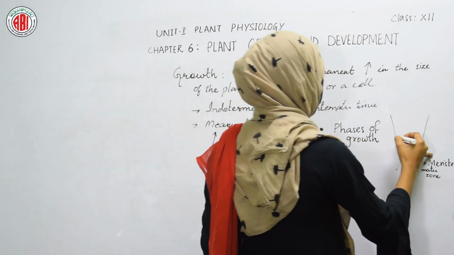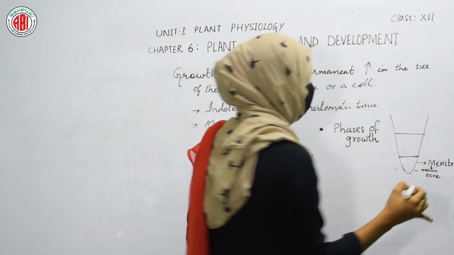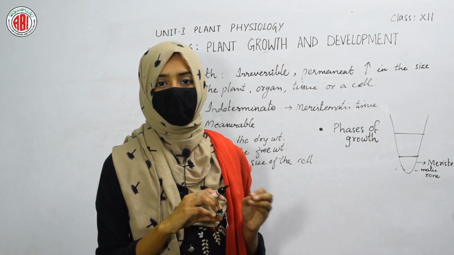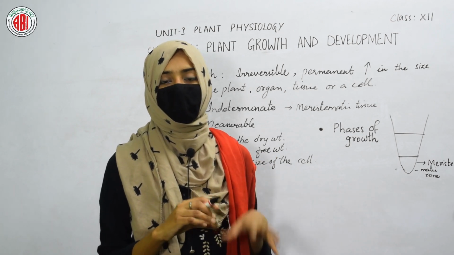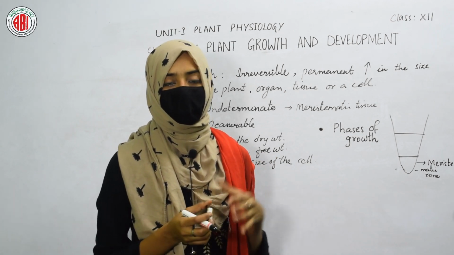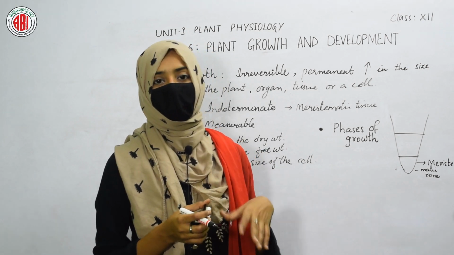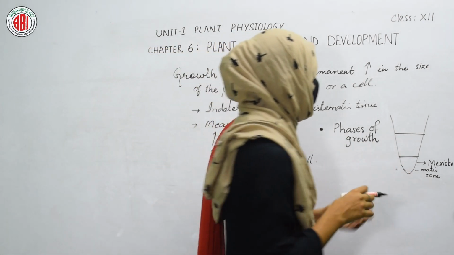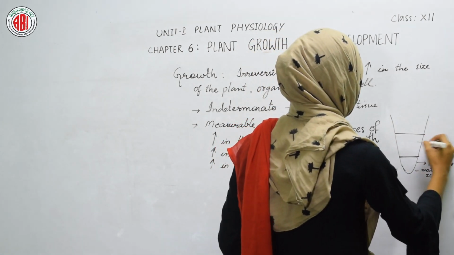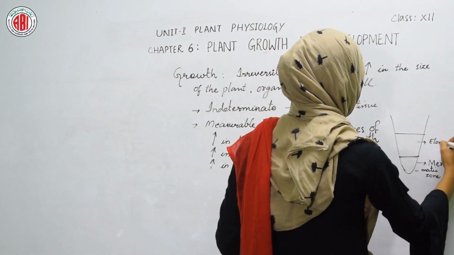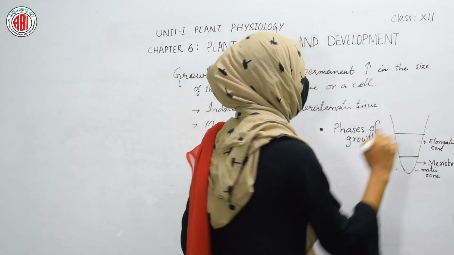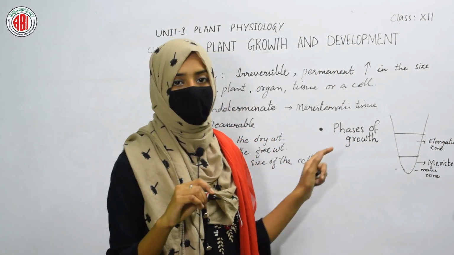Now in the second zone of the plant, the cells present are elongated. The cells undergo elongation. They become a little bit bigger in size, and these elongated cells are present in the region called the elongation zone, or the zone of elongation.